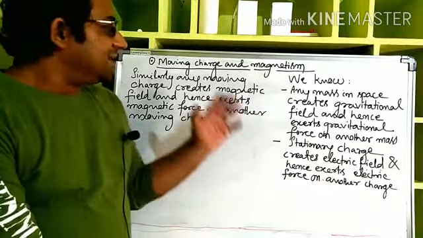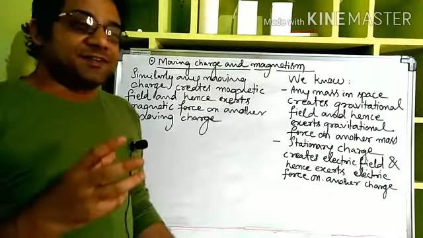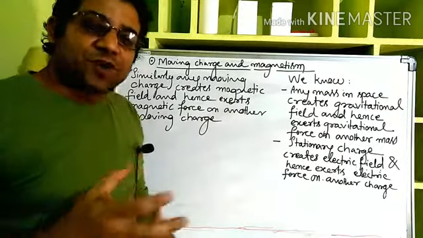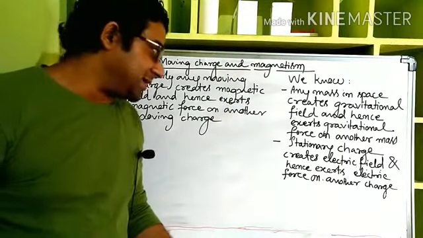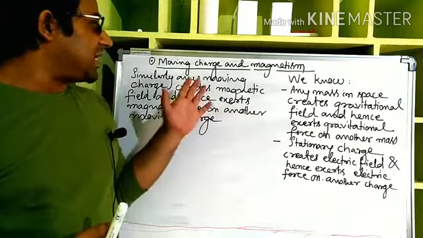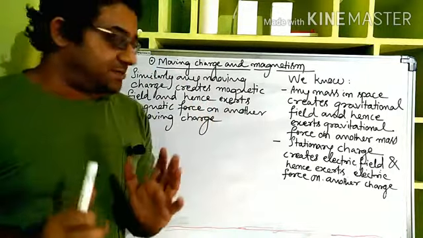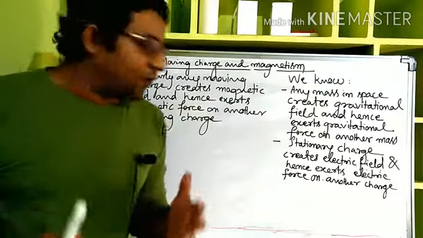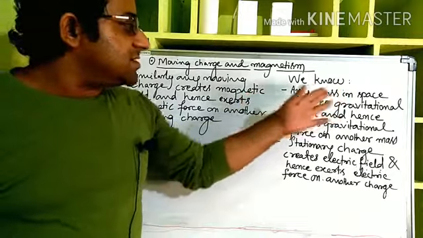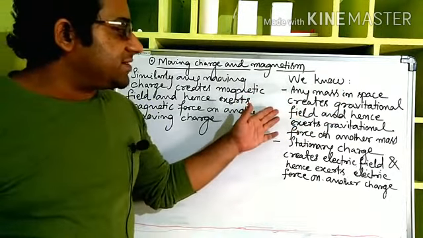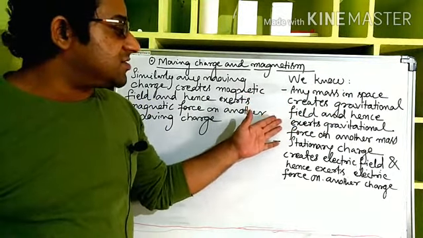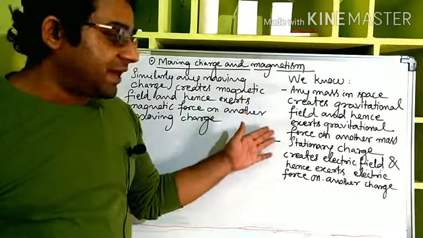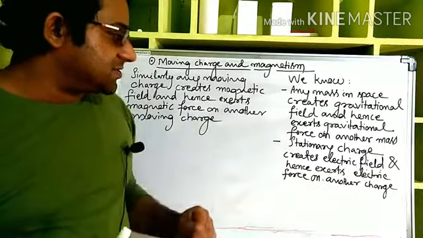Hello friends, this video is dedicated to understanding the very root cause of magnetism, without mathematics. The introduction can be started with the moving charge and magnetism. We already know that any mass in space creates a gravitational field and hence exerts gravitational force on another mass.